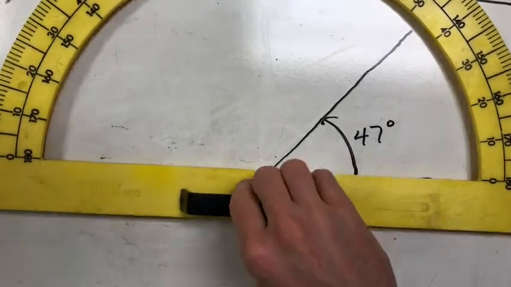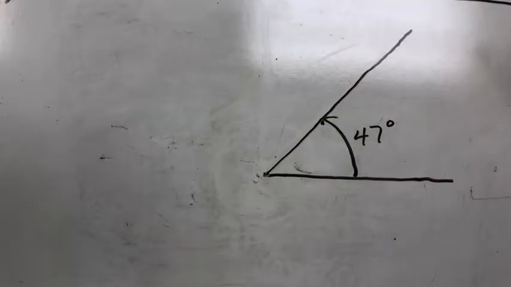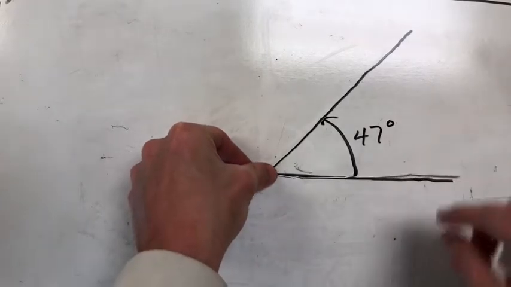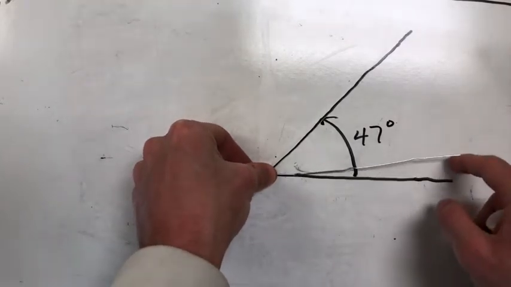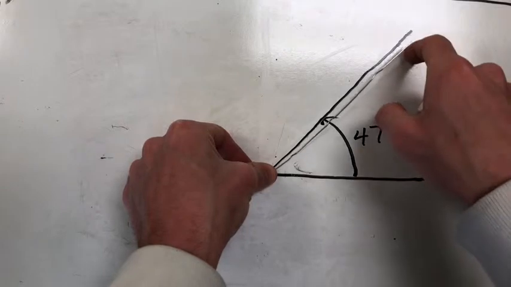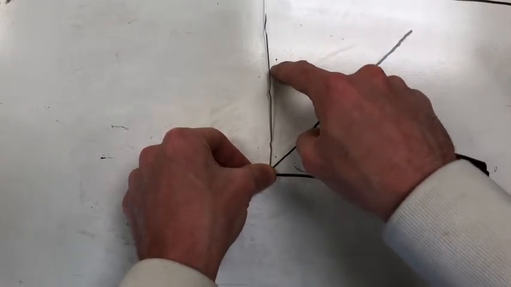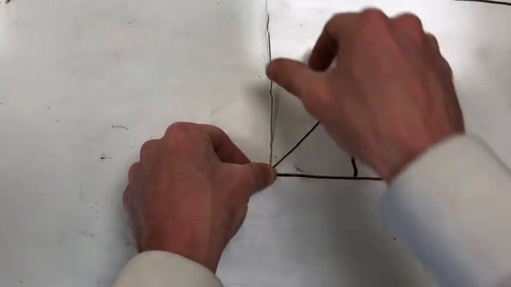Now let's continue. Again, starting back at the beginning, I'm going to continue to rotate past the 47 degree mark all the way to a quarter of the way around.